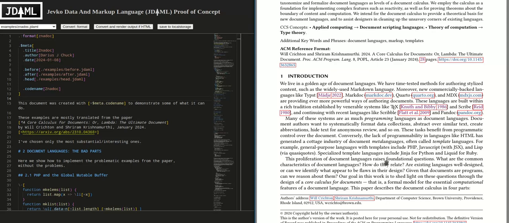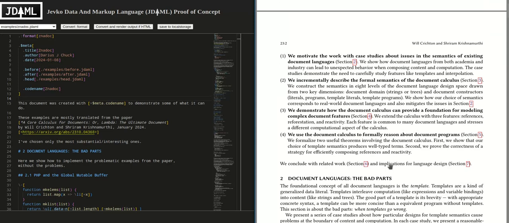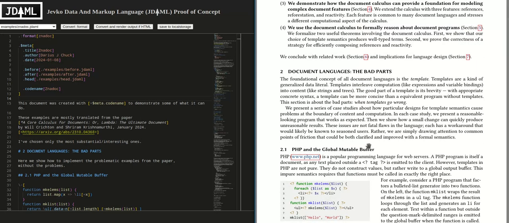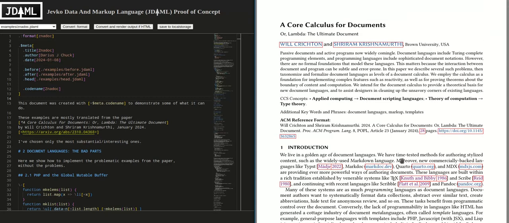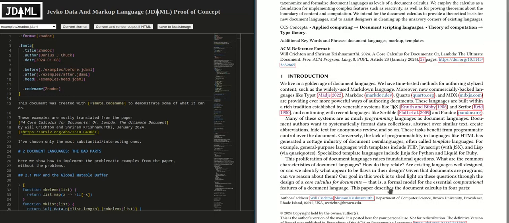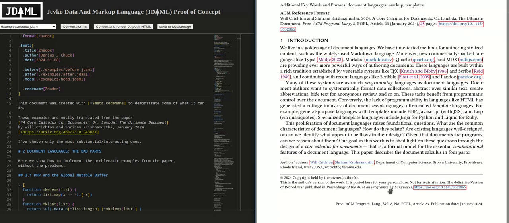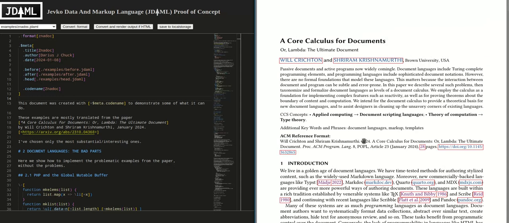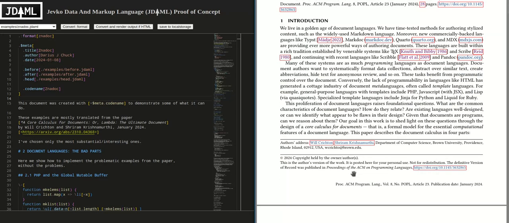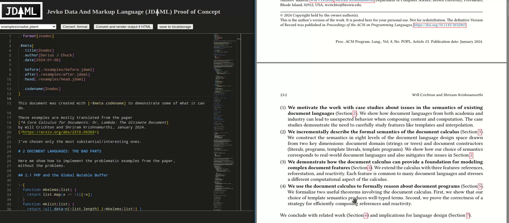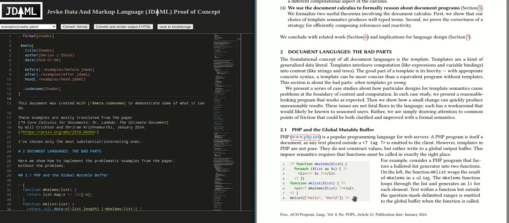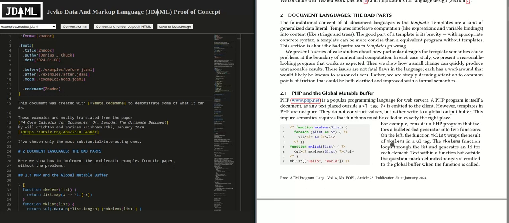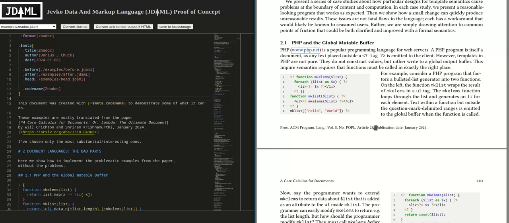So yeah, and what this paper does to show that such formal analysis is justified and that we could use a calculus, a system for analyzing these document formats, is it shows the bugs in various languages and systems for creating documents.